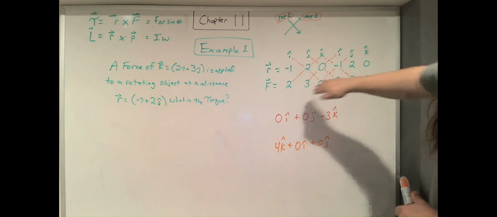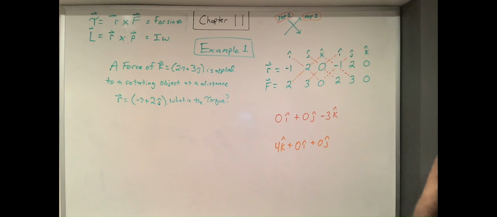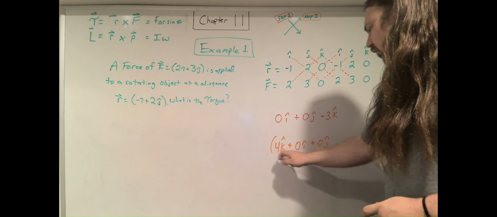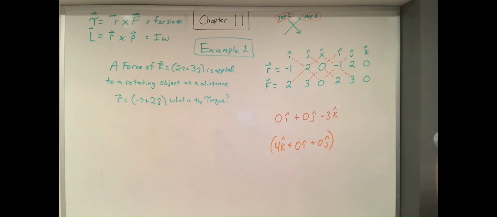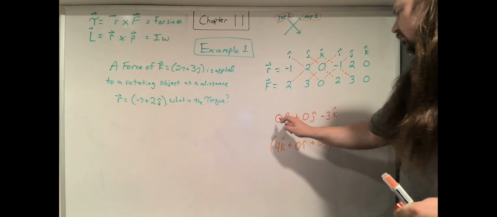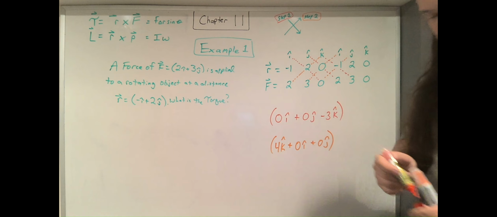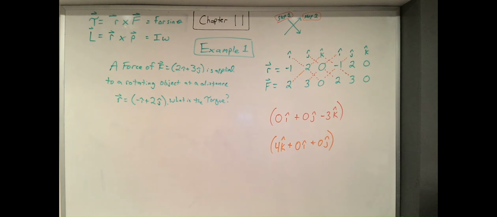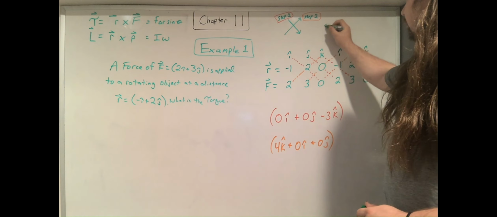We go down, and then we go back up, and we get these two quantities. So there's my step 2. Here's my step 1. And now all we have to do is take step 1 minus step 2.